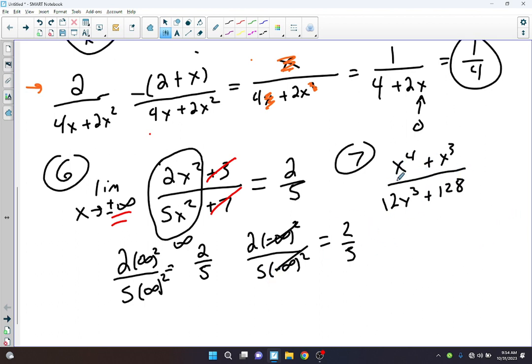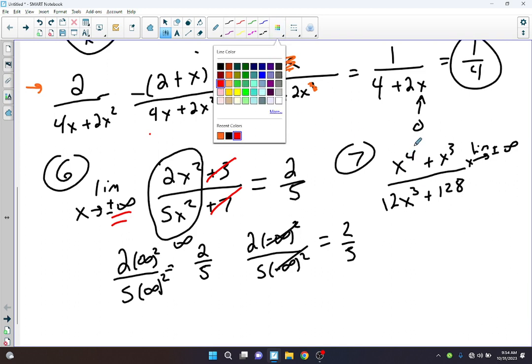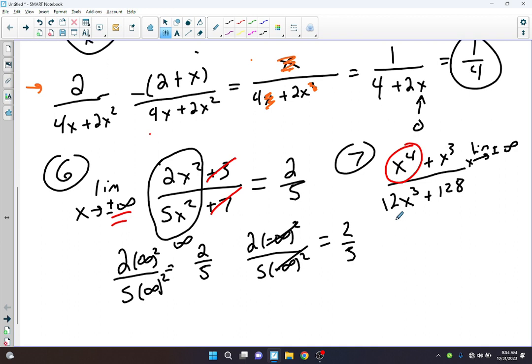All right, so for this one, 4x to the 4th plus x cubed, as the limit approaches both positive and negative infinity, over 12x cubed plus 128. Okay, so in this scenario, x to the 4th is the top dog here, right?